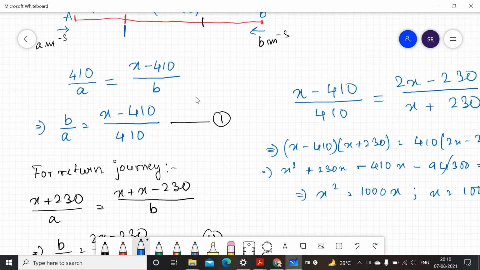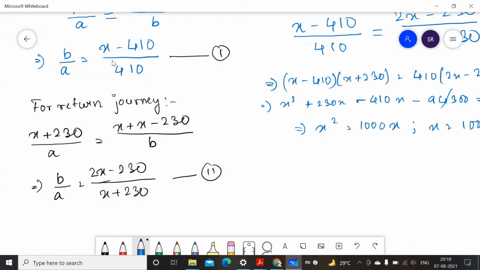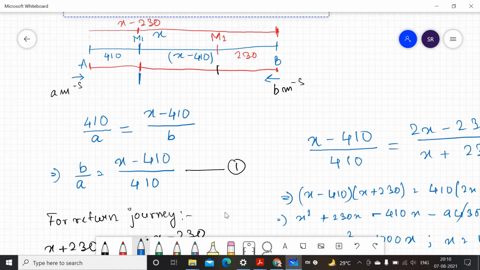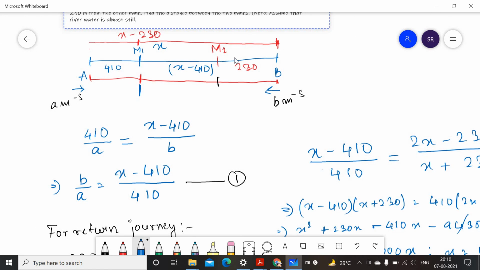Then we tried to form another such ratio for the return journey, right? For the return journey we did not calculate from the first meeting point; we calculated the entire journey.